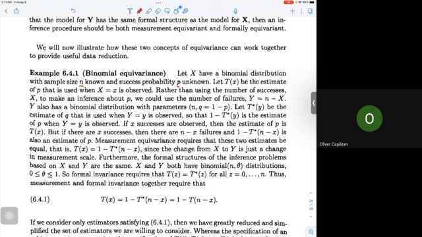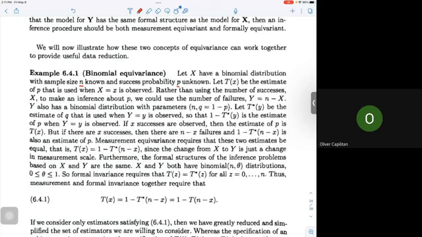So estimate natin itong unknown na probability of success. So let t of x be the estimate of p that is used when the random variable x is equal to its realized value, small x.